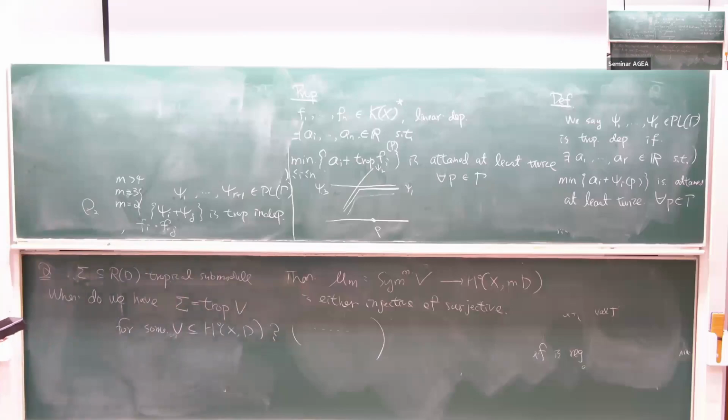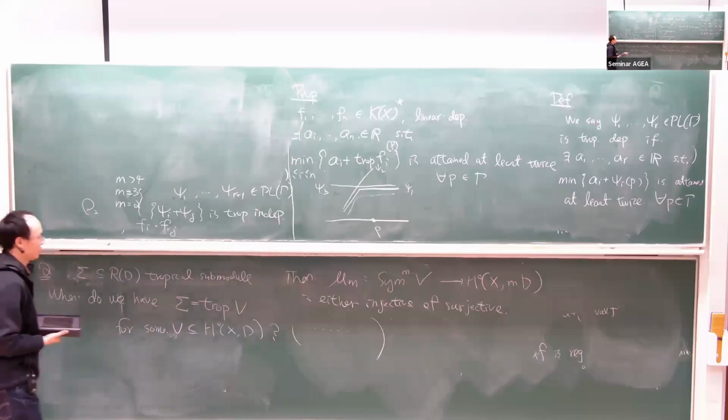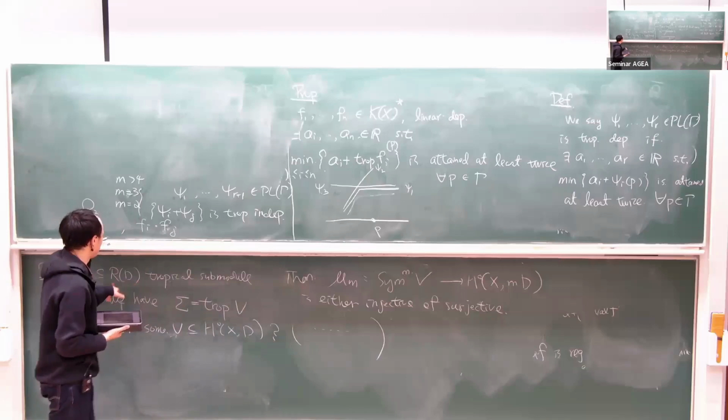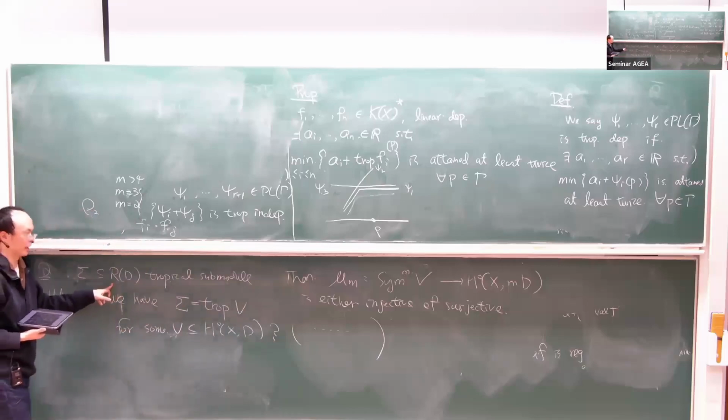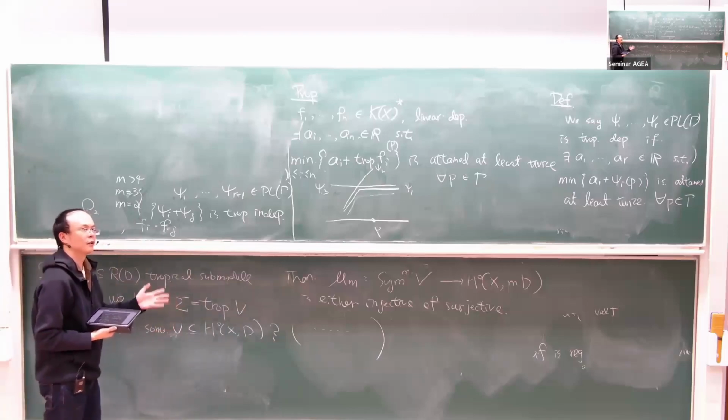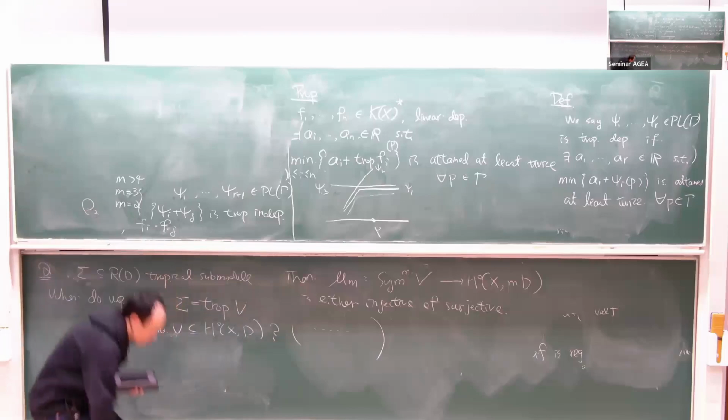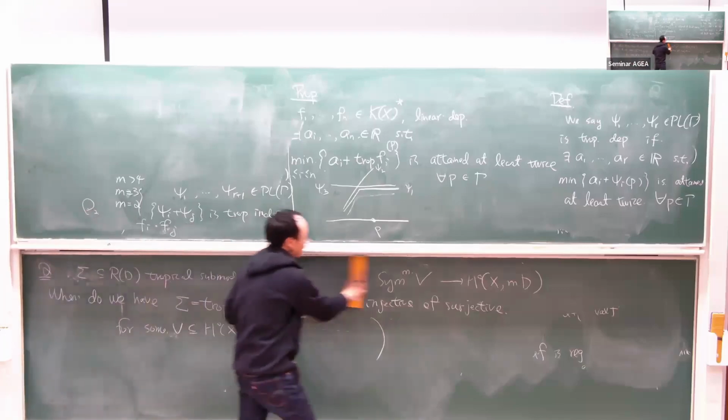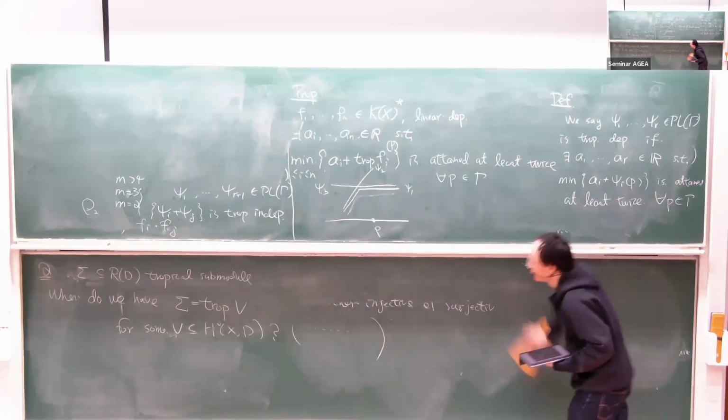Of course, not every tropical submodule of R^Gamma is the tropicalization of a linear series. There are some obstructions.